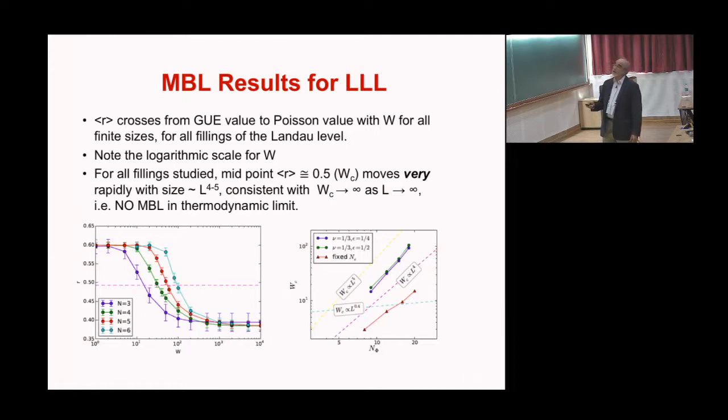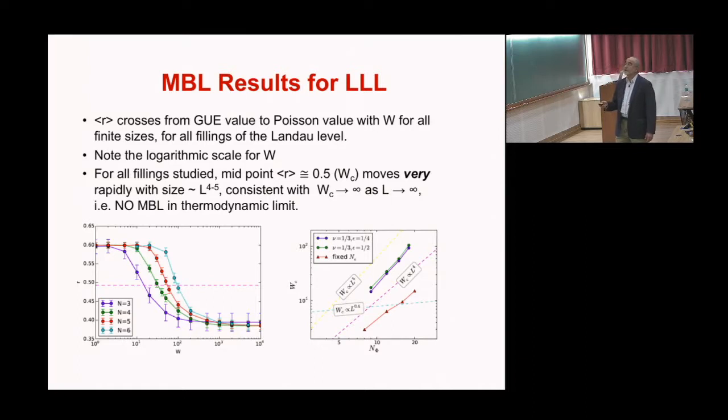And what we find is that for small disorder, we always get the GUE result. For large disorder, we always get the Poisson result. But as a function of size, the size is proportional to the number of electrons that we have. So in this case, there's 18 flux quanta. In this case, there's 36 flux quanta.